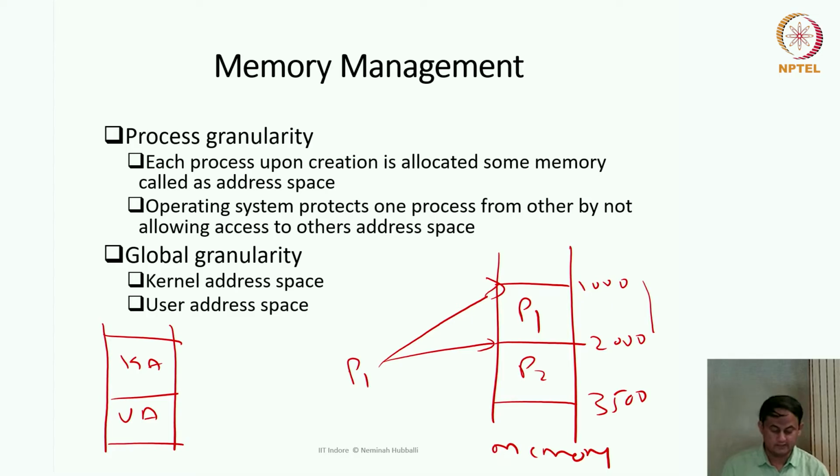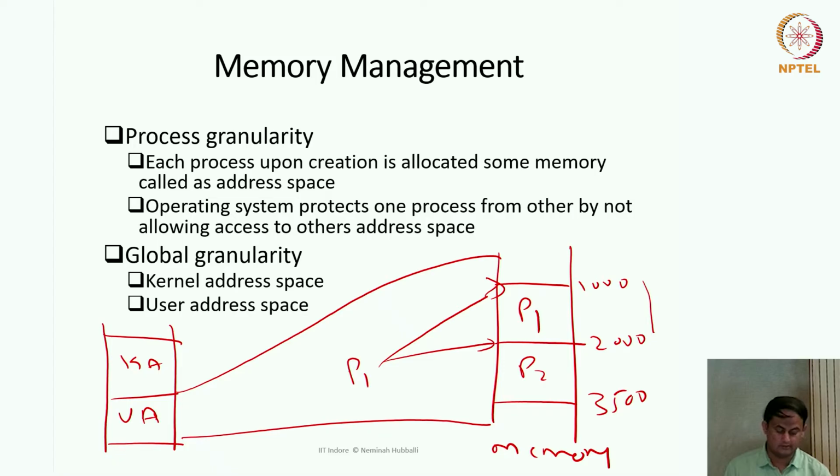When I am saying processes P1, P2 here, assuming they are all user created processes, they fall here. You can think of this as a blown up portion. Every application that is run on the system, assuming that is a user application, has to fall under this address space.